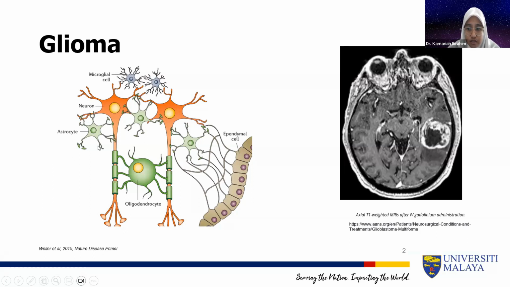Tumors that arise from astrocytes are called astrocytic tumors or astrocytomas. Tumors that arise from oligodendrocytes are called oligodendroglial tumors, and tumors that arise from ependymal cells are called ependymomas. So astrocytes form the main connective tissue of the brain.